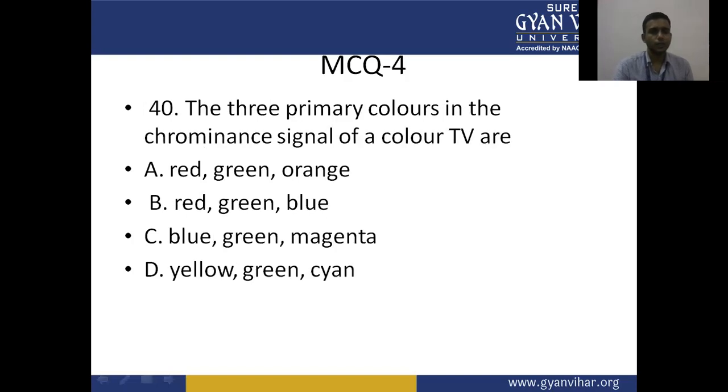Question number four, the three primary colors in the chrominance signal of a color TV are A, red, green, orange, B, red, green, blue, C, blue, green, magenta, D, yellow, green, cyan. The three primary colors we discussed at the start of the transmitter section, where we have a dichroic mirror, a special type of mirror which splits the three signals from the light.